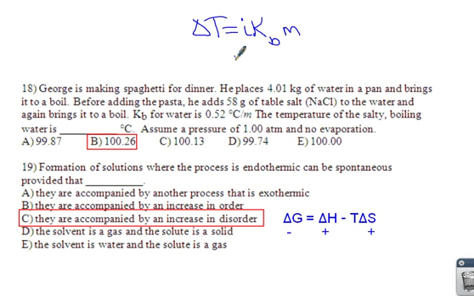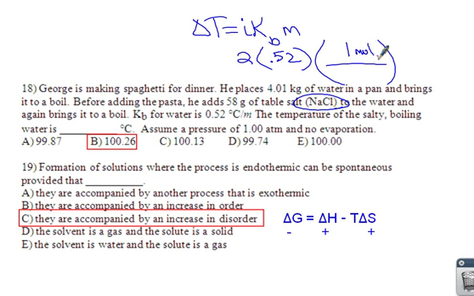We have a salt, and sodium chloride usually breaks apart into two ions. So I'd say i is equal to 2, K is 0.52, and I've got to get a molality in here. This happens to be 58 grams of salt, which is 1 mole of salt. We have 1 mole of salt, and we have 4.01 kilograms of water.